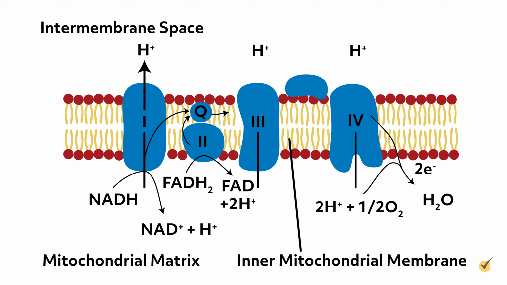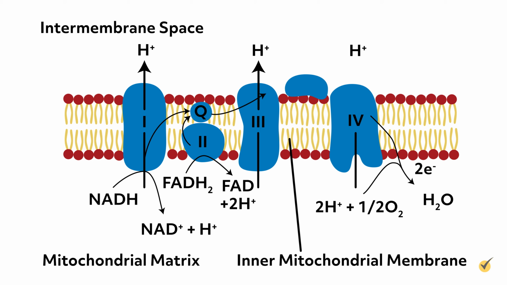QH2 then travels through the membrane to deliver the electrons collected to complex 3. The transfer of electrons into complex 3 allows protons to be pumped from the mitochondrial matrix to the intermembrane space to help build up the proton gradient some more.